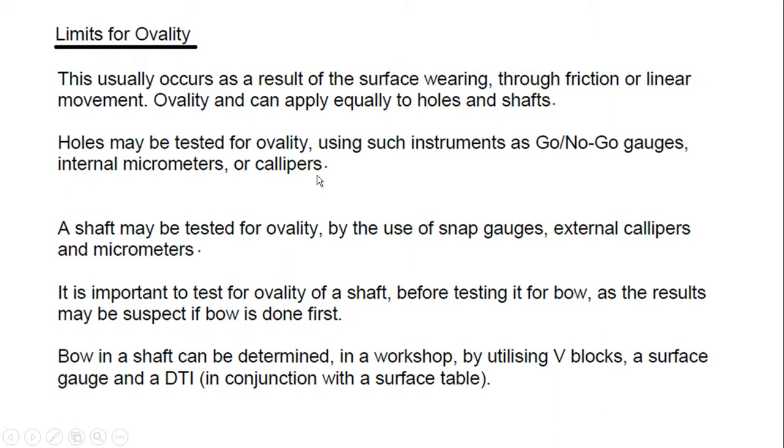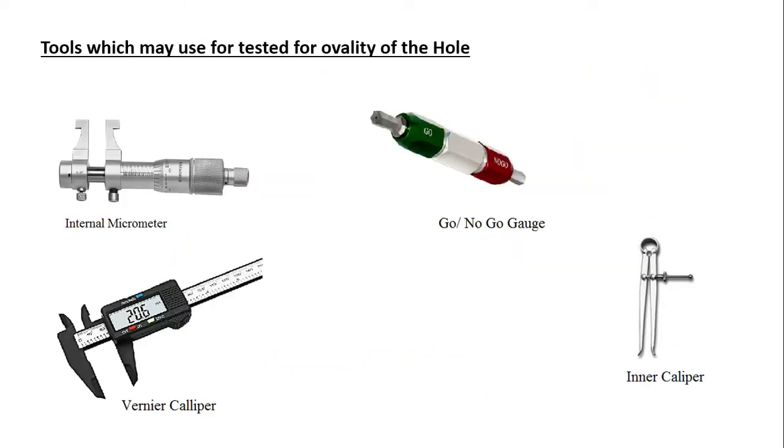So we are quite familiar with the uses of the micrometer and the caliper, but for the go and no go gauges, I have also shared a video which will help you regarding their use, right? So actually, it looks like this. These ends have different diameters and we pass it through a hole.